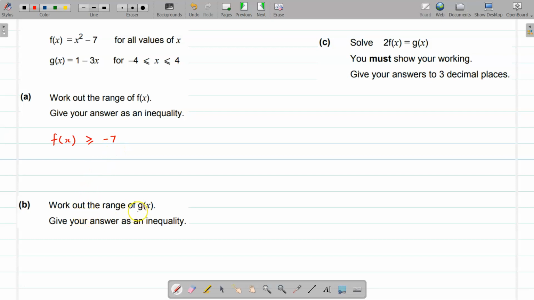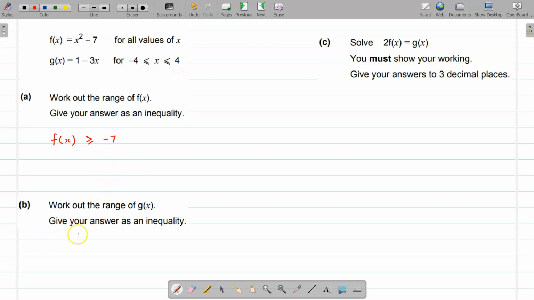The range of g of x, well, because this is a straight line, it's of the form y equals minus 3x plus 1, if you like. What it means is that we can just literally look at the two limits.